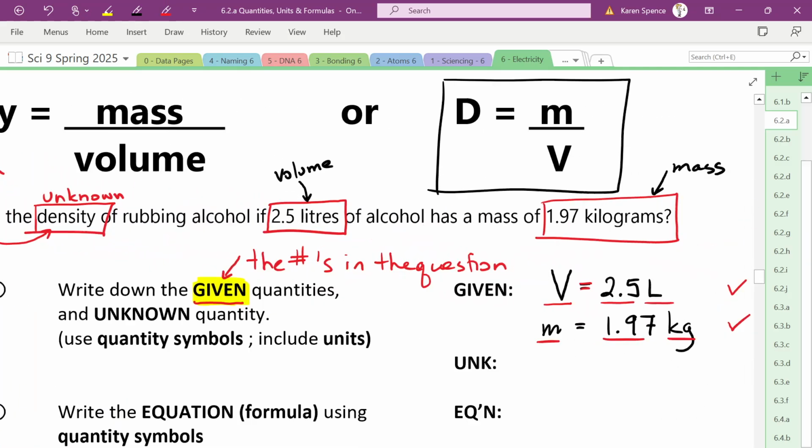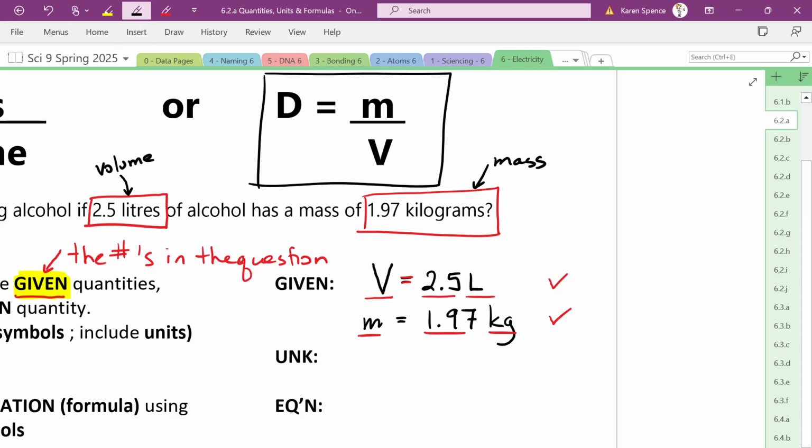As part of setting up this question, we're going to write down D for density equals question mark. And then if you know the unit, you will also write the unit. If you don't know the unit, it's okay to just leave the unit off until the end. Okay? For this one, I happen to know that it is kilograms per liter, so I can write that down.